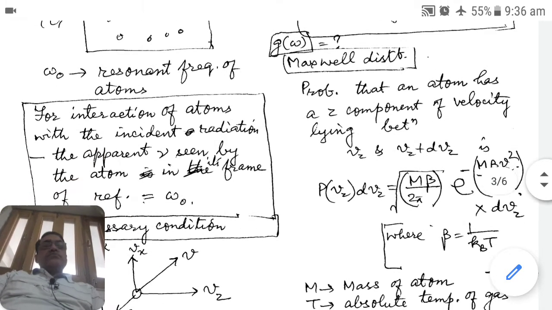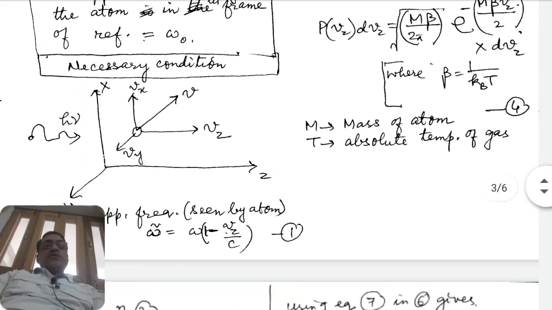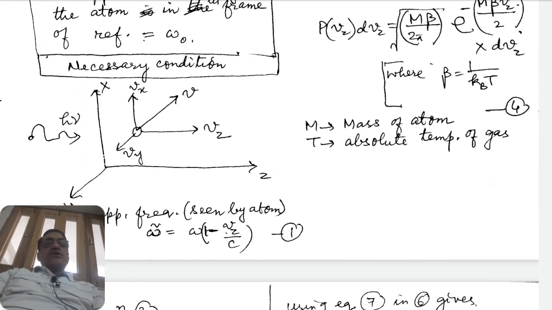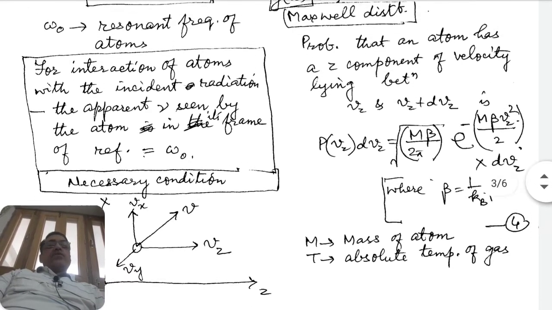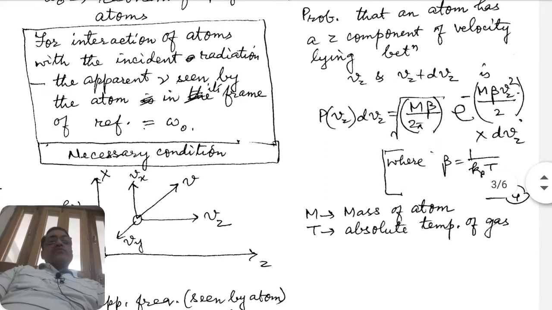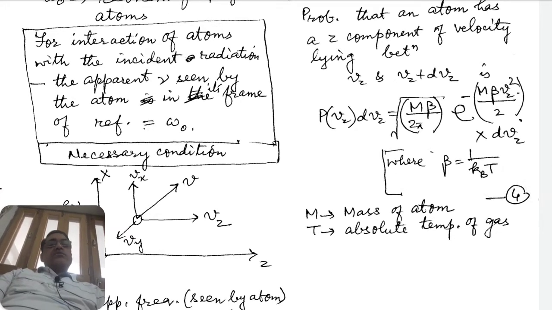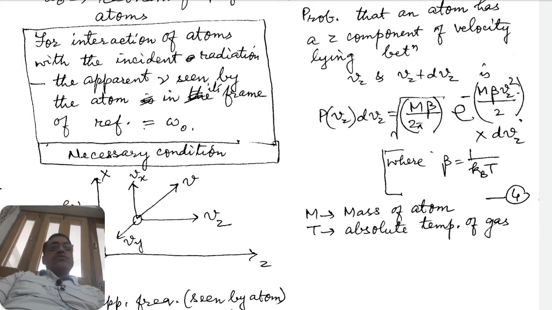Now you see this picture, that h nu is the incident radiation. For interaction of atoms with incident radiation, the apparent frequency seen by the atom in the frame of reference of the atom is omega naught.